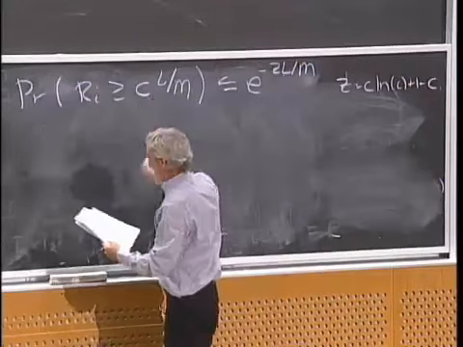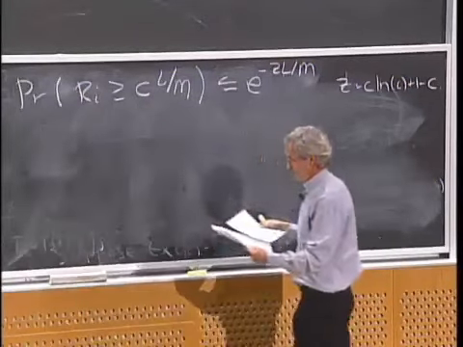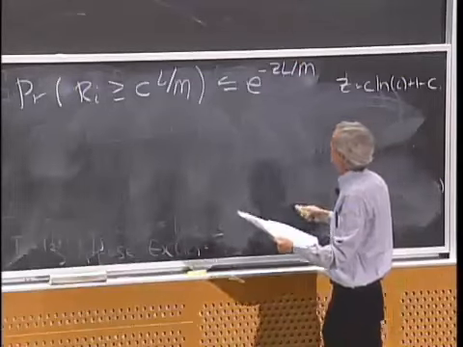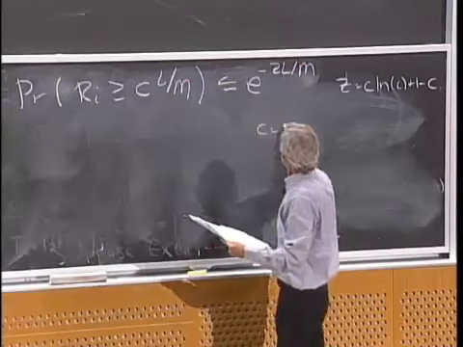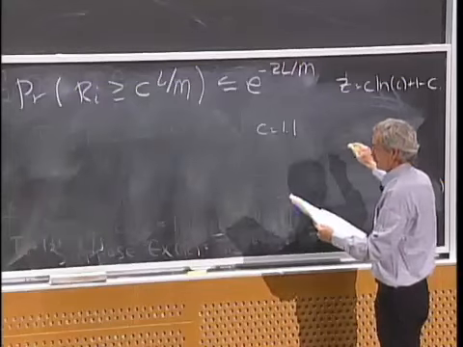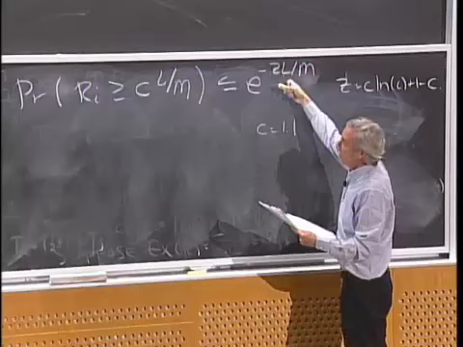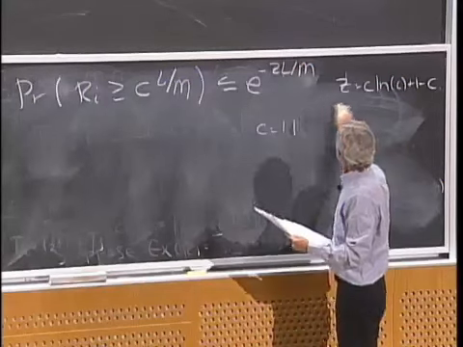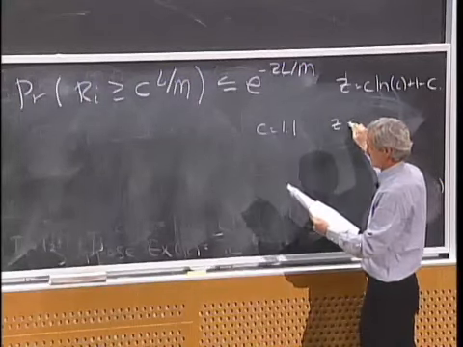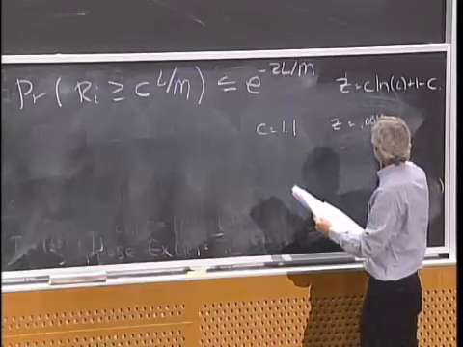All right, so say you pick 10% above optimal, C equals 1.1. Well, we know that this is going to be a very small number. L over M is 2,500, and Z in this case we found was 0.0048.